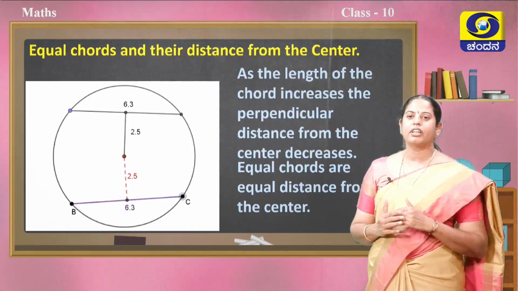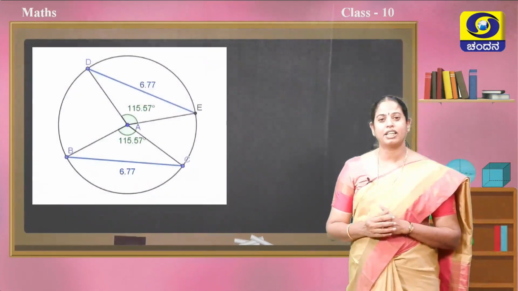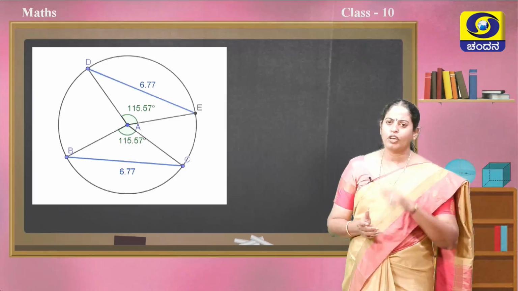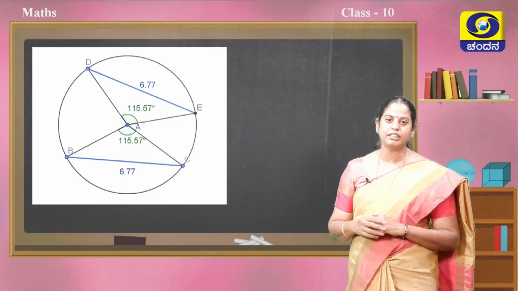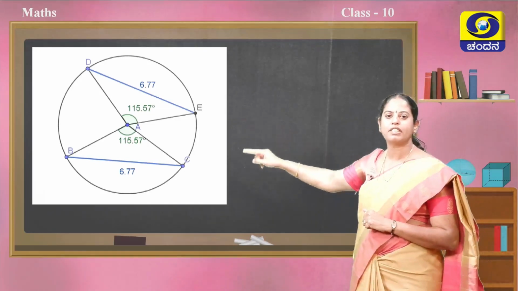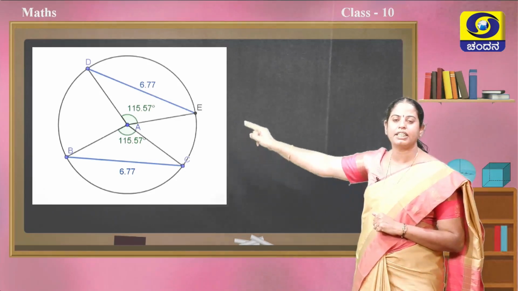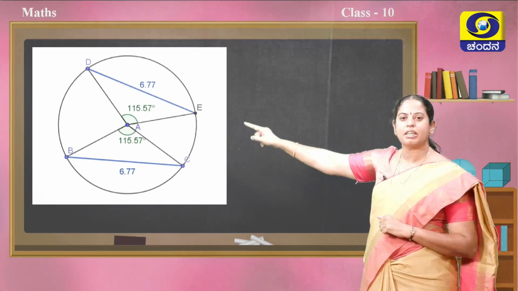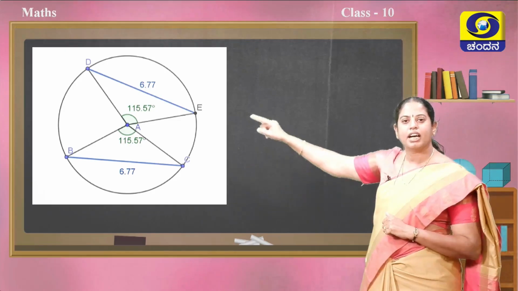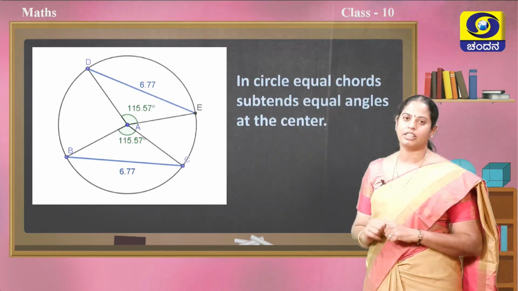We have recalled so many concepts related to circle. One more concept that we are recalling here: observe, BC and DE are two equal chords. If you observe the angles subtended by these two chords, the angles are also equal.